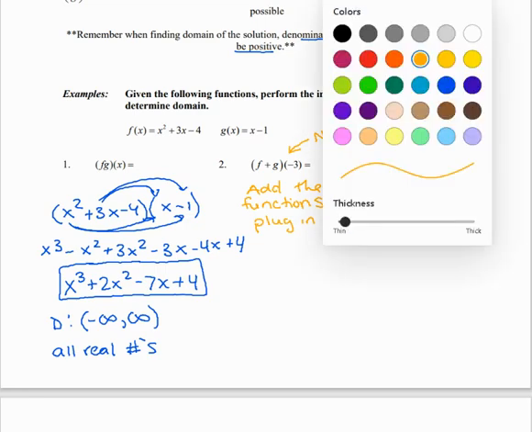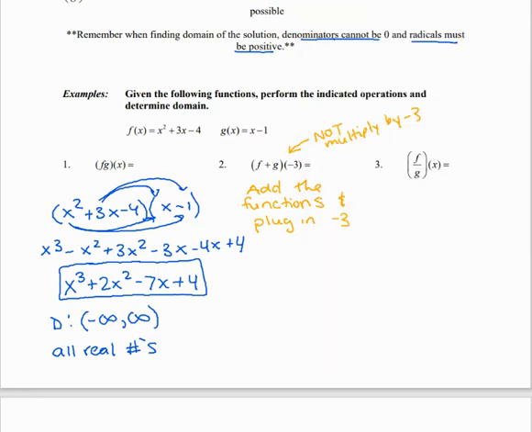Okay, so if I'm to do that out, we will actually add those together. So we'll have function f plus function g. Put the like terms together, x squared plus 4x minus 5. And now evaluate with negative 3. So where I see those x's, I now plug in a negative 3.